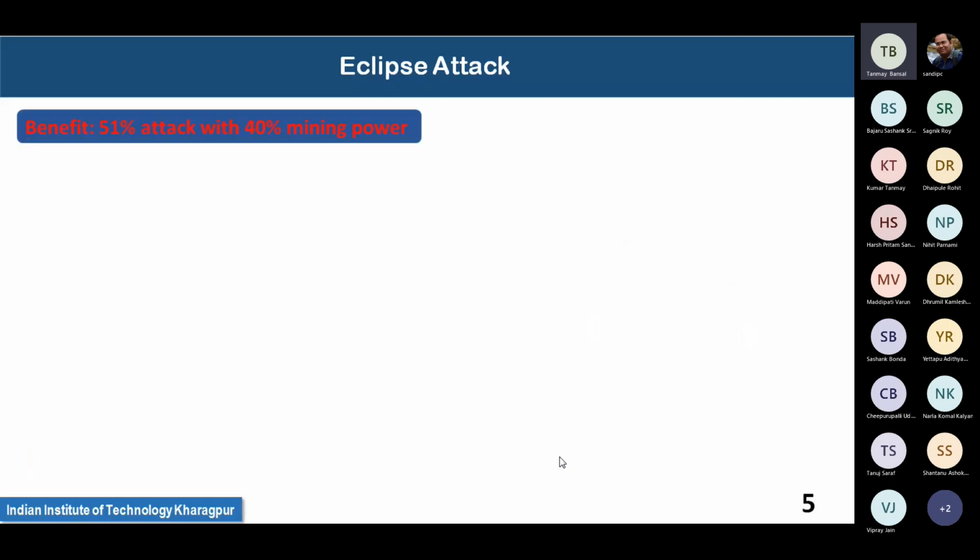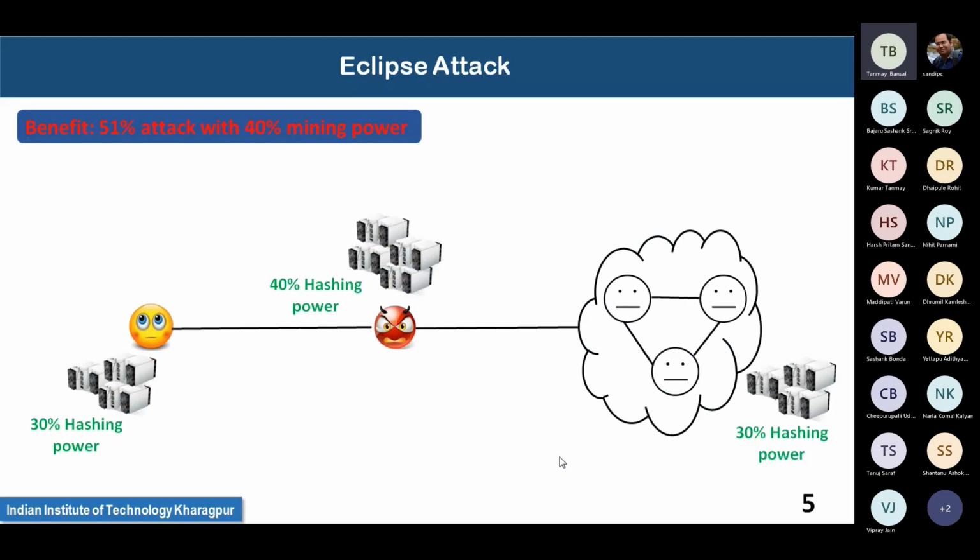Now, what is the advantage of that? The advantage is that if, for example, this particular victim node, say it was also going to be a pool, had say 30% hashing power, and say the attacker has 40% hashing power, and the rest of the network has the remaining 30% hashing power. Now, we talked about that 51% attack, in which the attacker had to get 51% computing power to launch certain types of attacks like double spending.